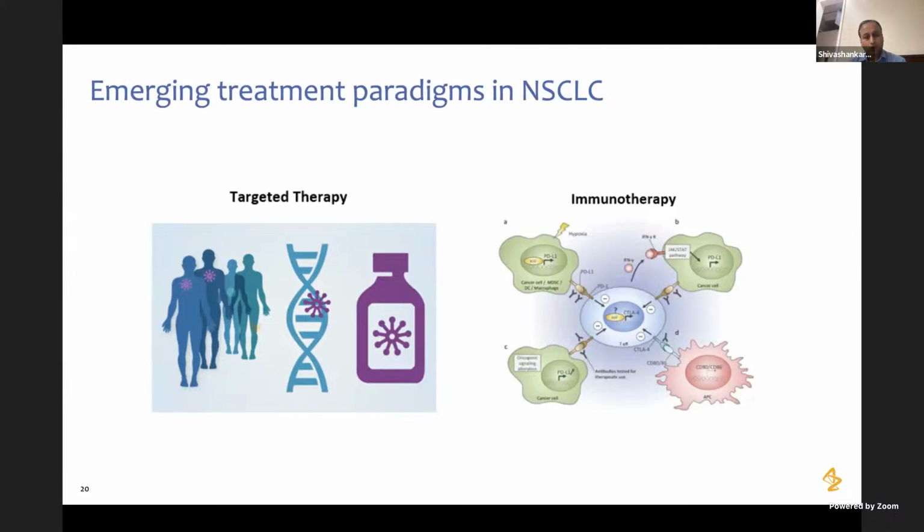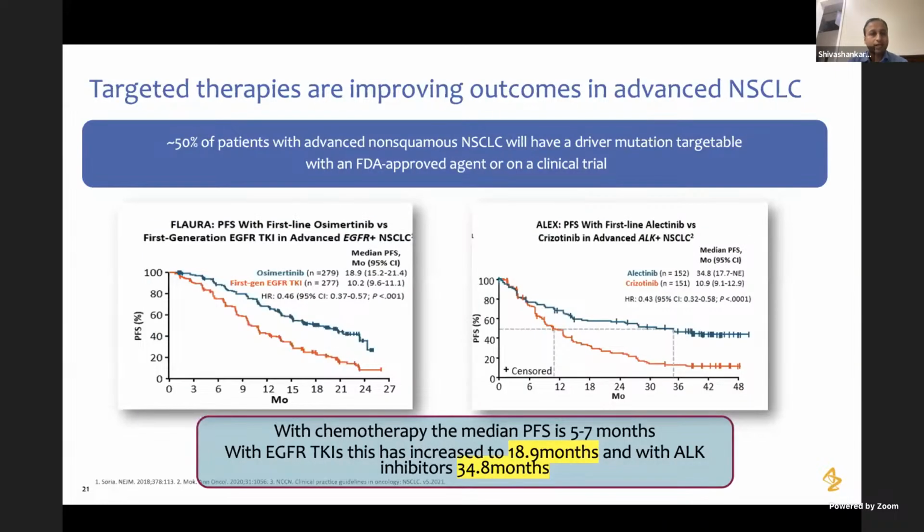So what about advanced stage? Definitely the landscape of non-small cell lung cancer is so diverse that there are so many drugs which have made their way. It is very difficult to cover all. Already Sunil sir has covered very nicely the EGFR mutated part, that now osimertinib is the preferred treatment option.